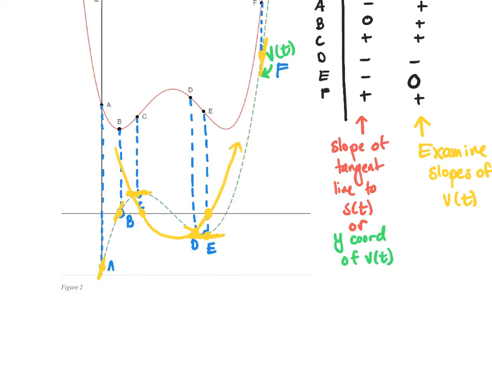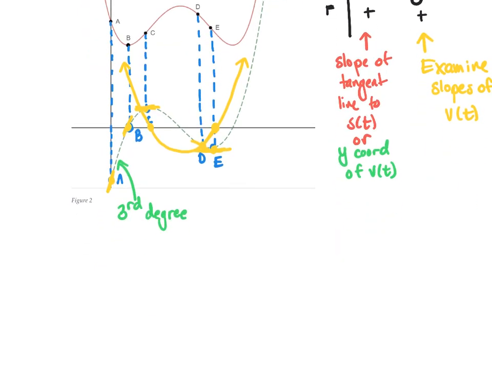Now you may notice that I've drawn the acceleration graph as a parabola. That is justified because it appears that my velocity graph is third degree. So it might be something like a t cubed plus b t squared plus c t plus d.